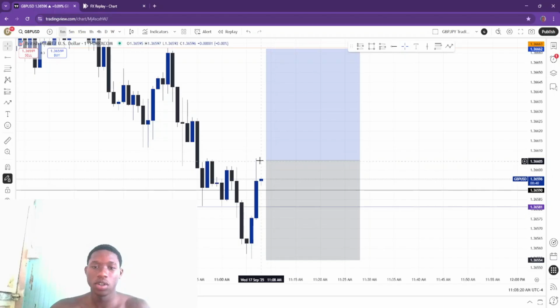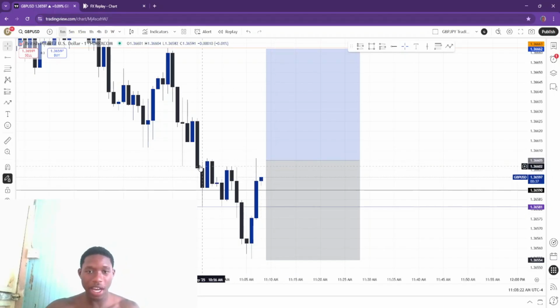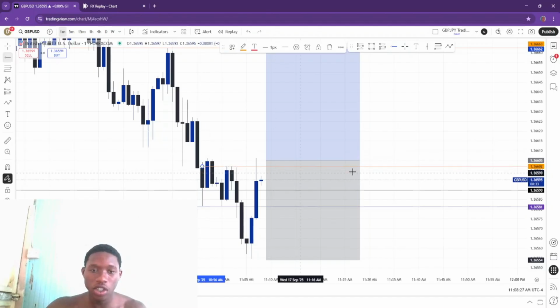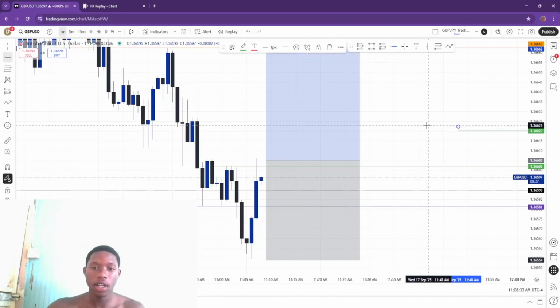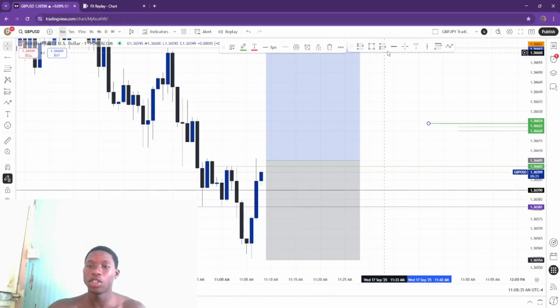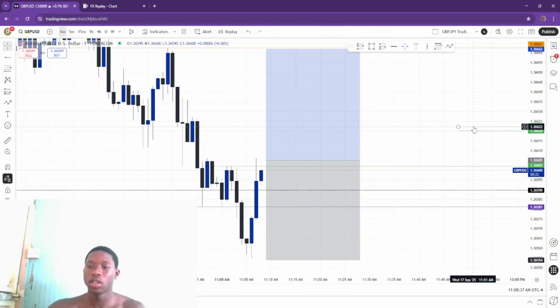We're good if that candle closes above that high right there, Gucci. That candle closes on top of that high there, we're Gucci. 22 more seconds.